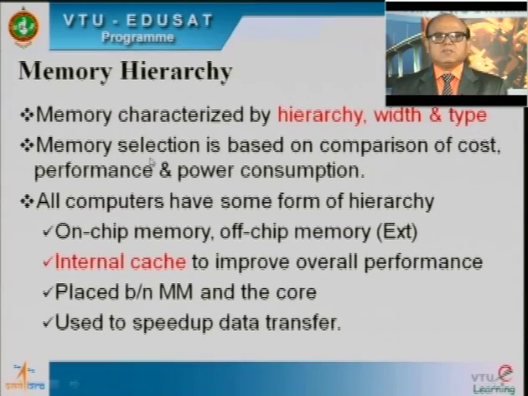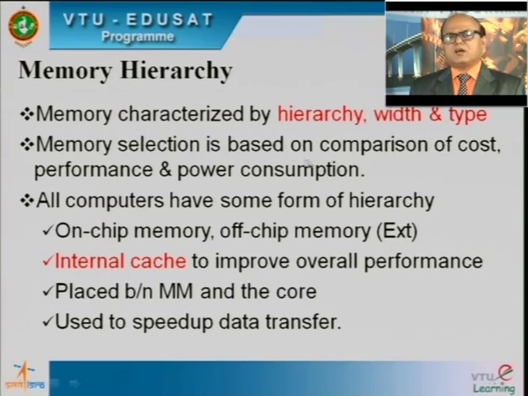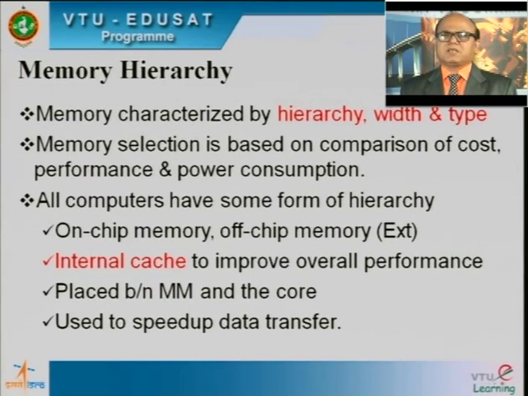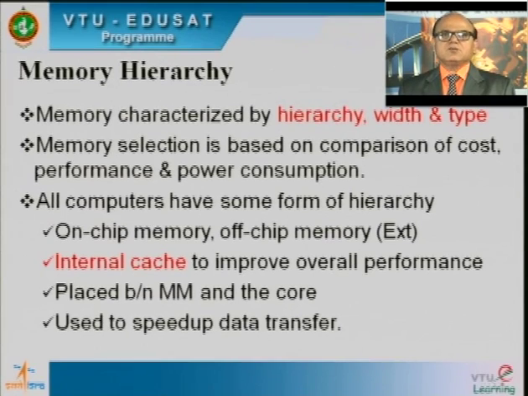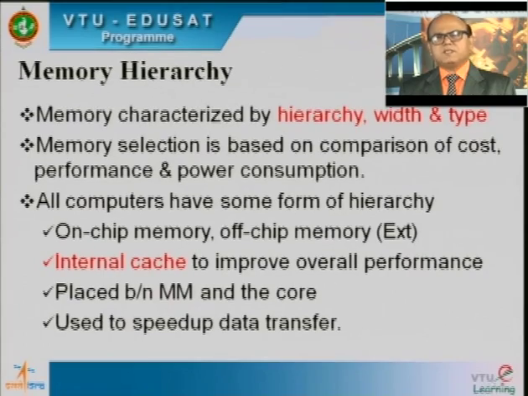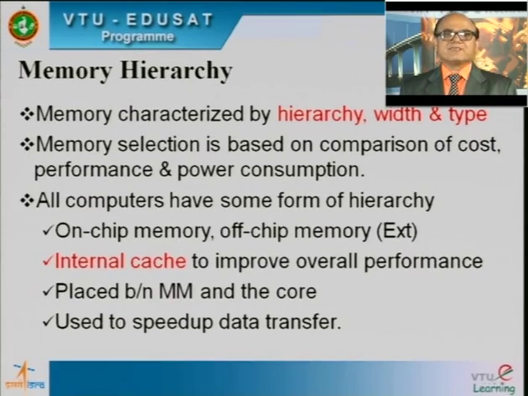Memory selection is based on a comparison of cost, performance and power consumption. Naturally, as we use a larger memory and a memory of higher speed, the cost of the memory will go up, and similarly the cost of the embedded system will also increase.